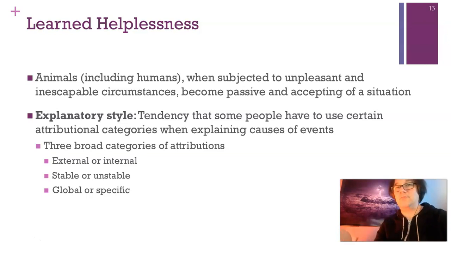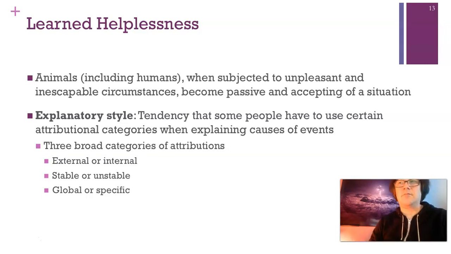So when we make an attribution, we're basically trying to explain a particular behavior, or we're trying to explain something by attributing that thing to some cause. So there are three broad categories of attributions: external or internal. So external, when we talk about external attributions, just imagine somebody does something bad to you.